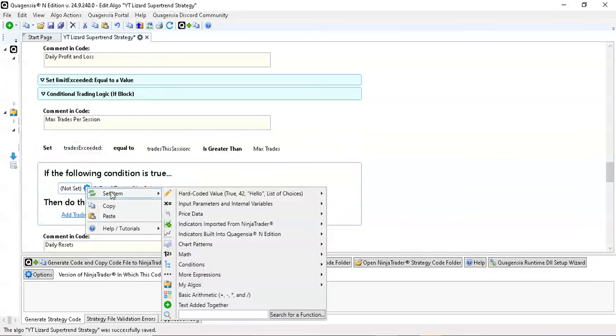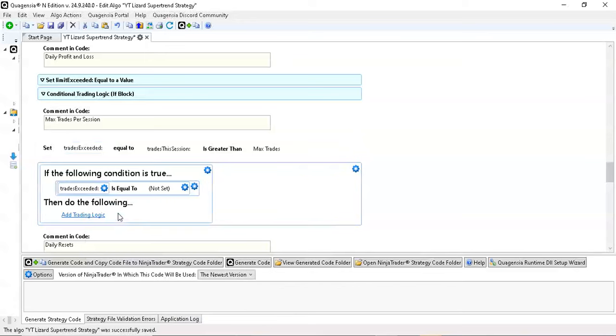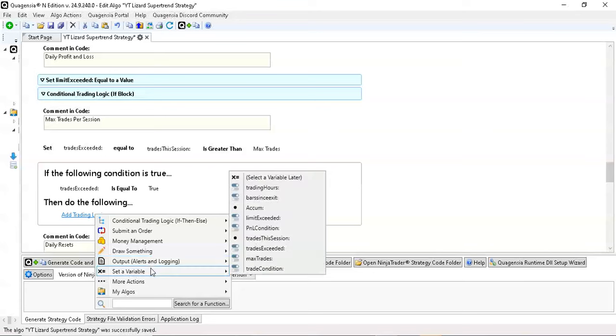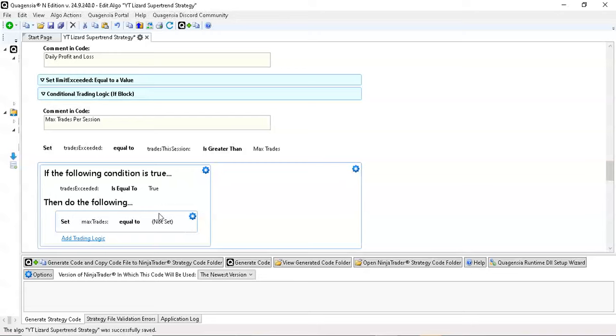So trades exceeded is equal to true. Then we'll set the max trades equal to true.